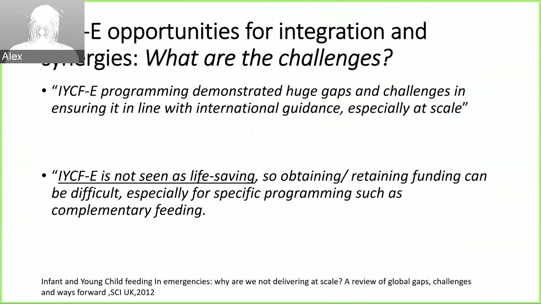So funding, political support, prioritization, and all the rest are certainly lacking, not yet visible when we intervene on the ground.